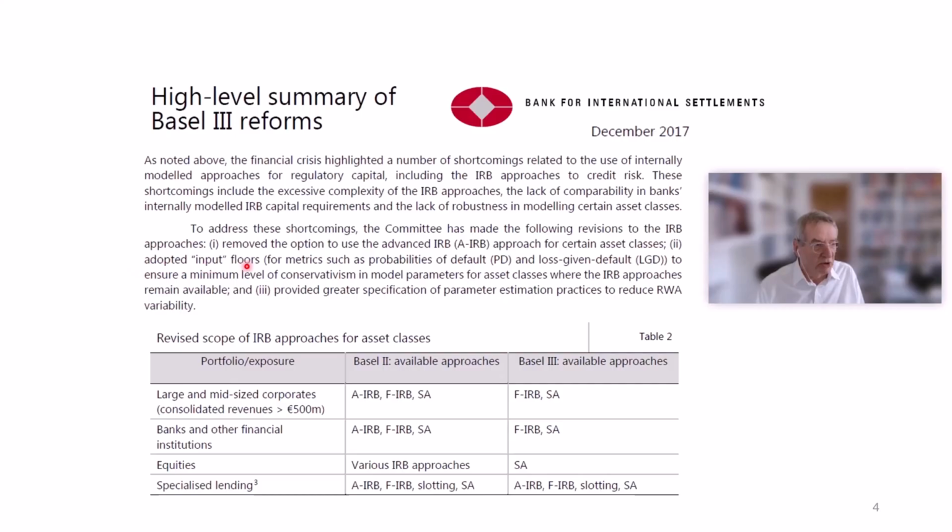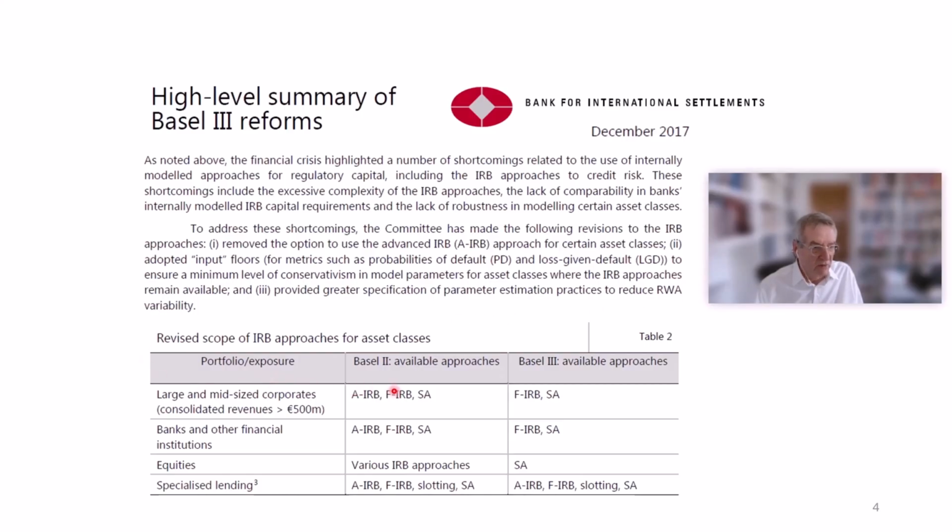Two, it has adopted input floors for metrics such as PD, as we shall see, in order to ensure a minimum level of conservatism in model parameters for asset classes where IRB approaches remain available. And three, it has provided greater specification of parameter estimation practices to reduce RWA variability.